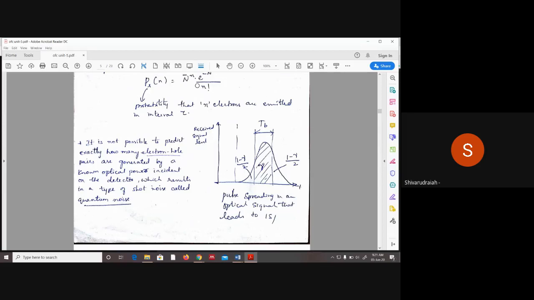It is highly complicated to predict the exact number of electron hole pairs generated for a known optical power incident on the photodetector. So only the probability of the average number of electron hole pairs can be predicted, but the actual number cannot be predicted using this Poisson distribution.